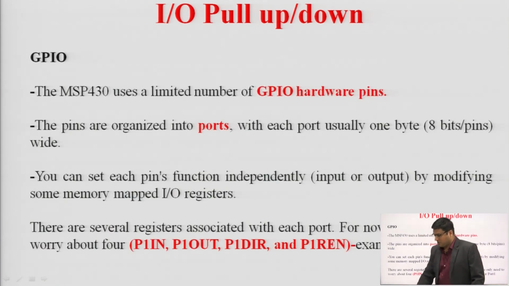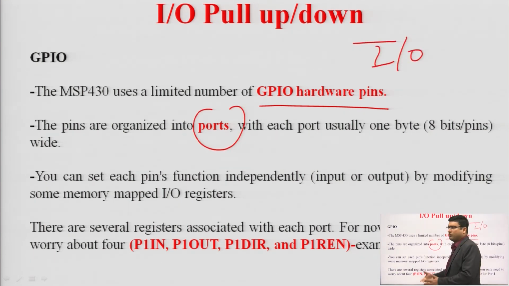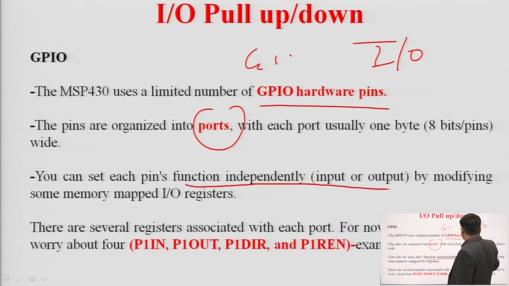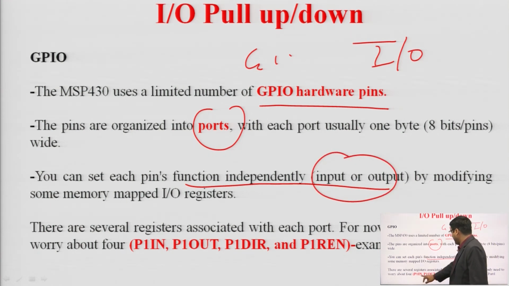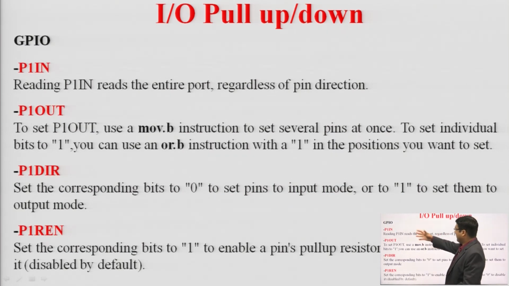So basically GPIO hardware pins are available, and we have seen that ports are available as input output ports. Whatever pull up down registers are available in the input output port, we do all the things in general purpose input output. Each pin works independently, whether input or output, and it has four registers: P1 IN, P1 OUT, P1 DIR and P1 REN. In the last slide we will see the function of all these.